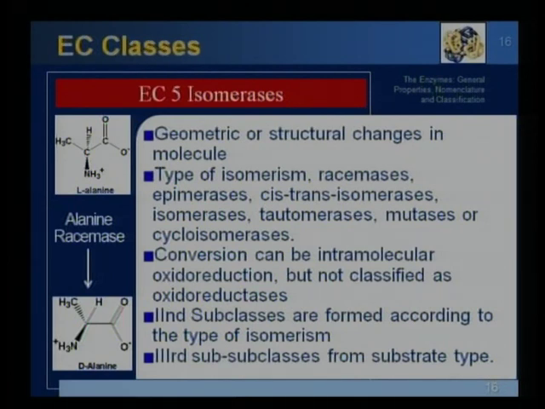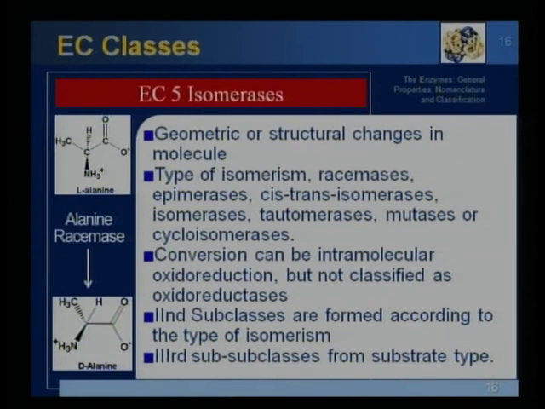Now, there are varieties of isomeric forms which are geometric and structural types of isomers, and any sort of structural or geometric changes being brought about by an enzyme are in fact known as isomerization, and it comes within the purview of isomerase.